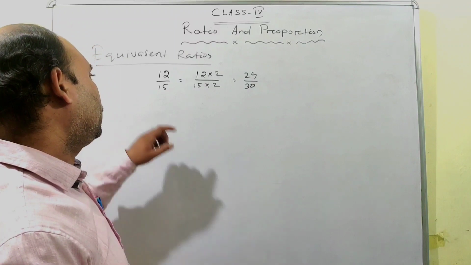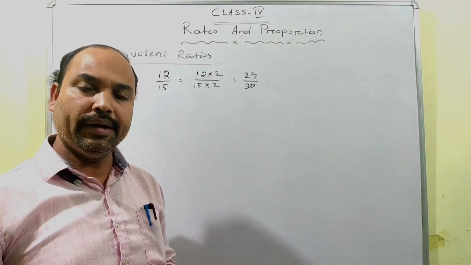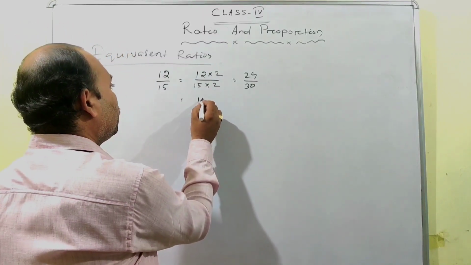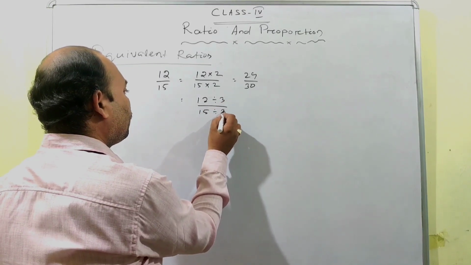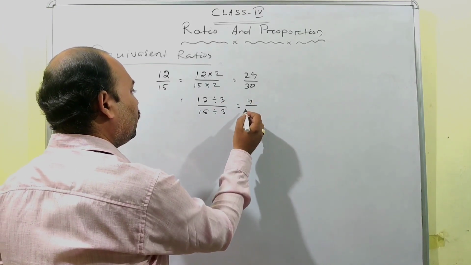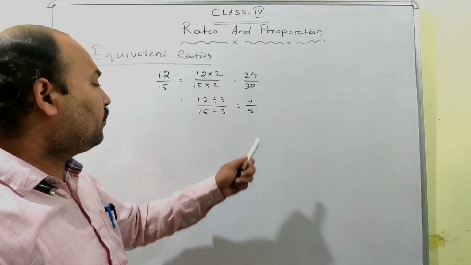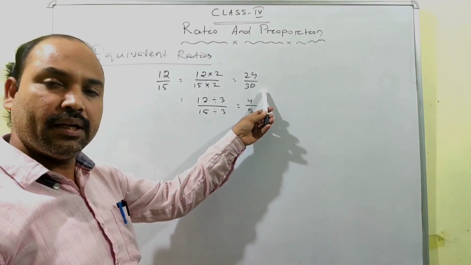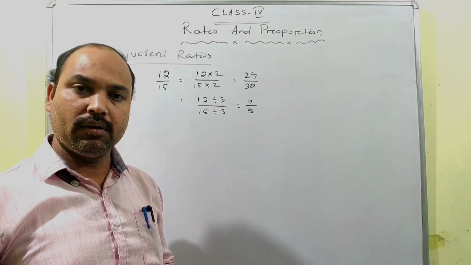Or we can say that 12 and 15 have a common factor, it is 3. So we can also convert it: 12 divided by 3 upon 15 divided by 3 equal to 4 upon 5. The 4 upon 5 and 24 upon 30 are the equivalent fractions of 12 upon 15.